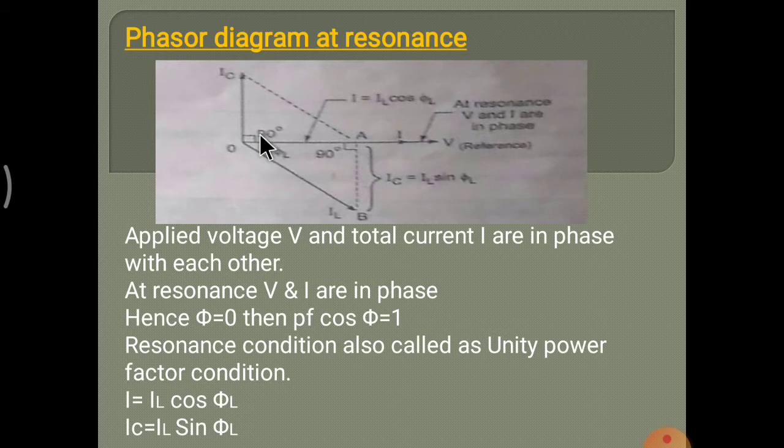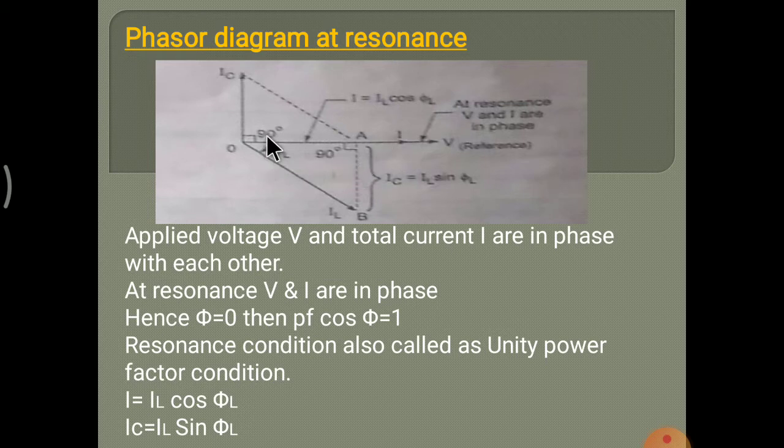The total current I is the addition of the two branch currents. When adding them, we get the total current I, and this V and I are in phase. So total current I is equal to IL plus IC.